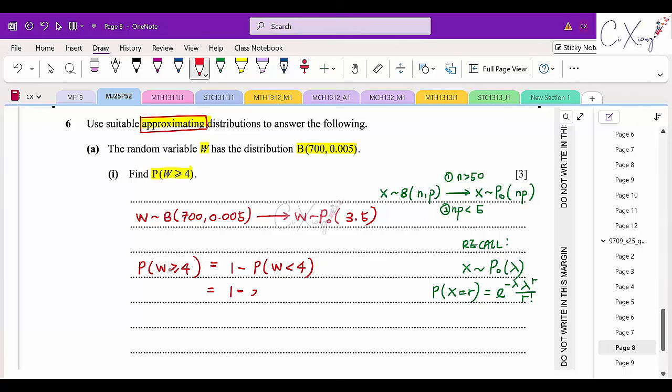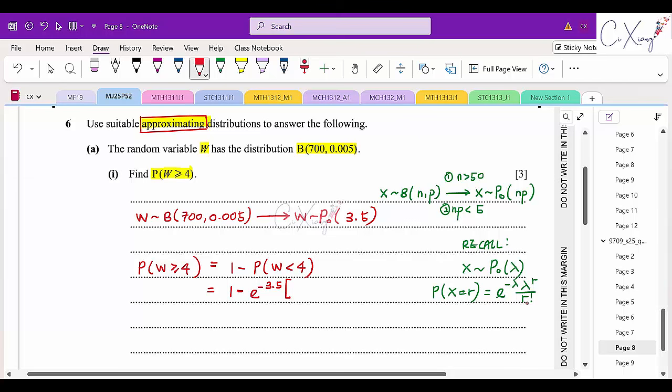Okay, so for the first term, I'm having e to the negative lambda, where lambda is 3.5. I'm doing a shorter way of the formula. I just factorize out the e to the negative lambda from every single term, so the calculation will be easier when I press the calculator. When x equals 0, you're having lambda power 0 divided by 0 factorial.